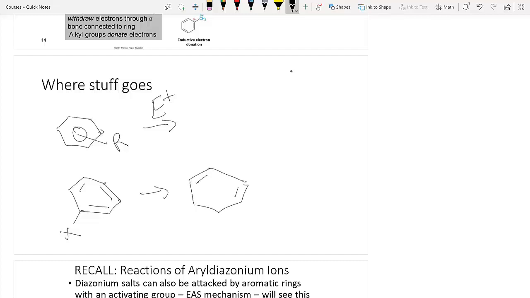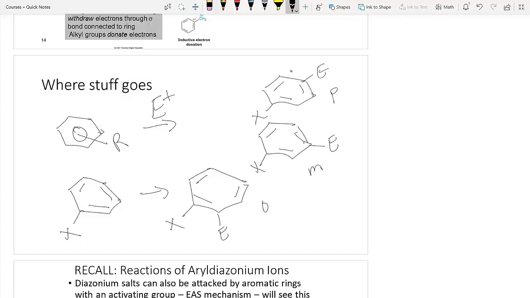It can either go next door, so 1,2, which is ortho, or it can go 1,3, which is meta, or it can go 1,4, which is para. Recall that in previous reactions we didn't already have substituents, and so here it's going to be based on resonance.